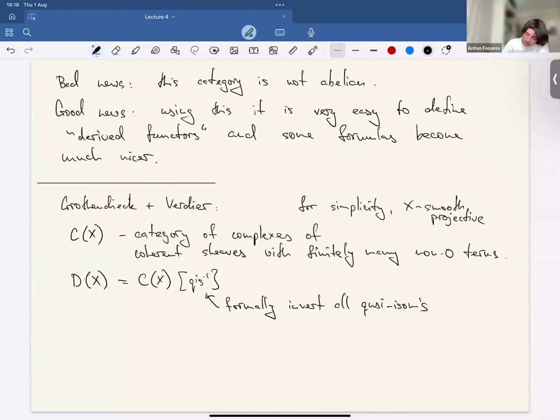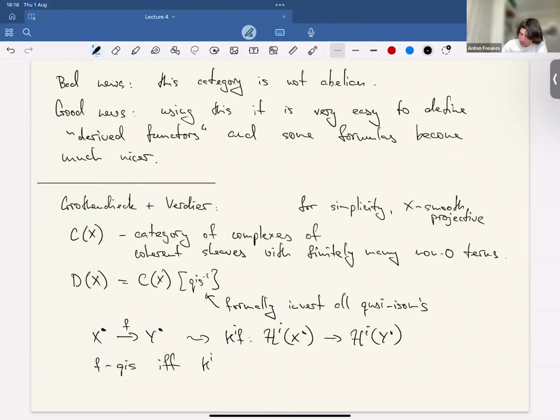And I recall that if you have one complex X, and a morphism f to a complex Y, then you get a corresponding morphism Hi f, which goes from Hi of X into Hi of Y. And f is called a quasi-isomorphism if all Hi f are isomorphisms.